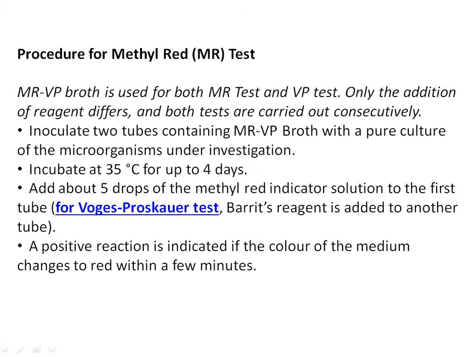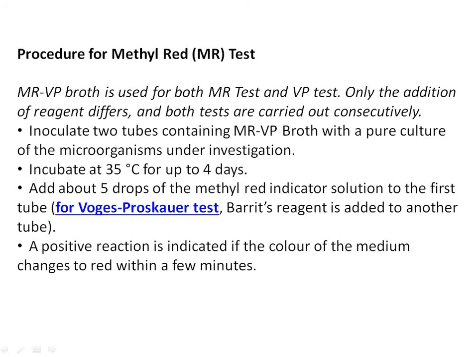The procedure of the methyl red test: the MRVP broth is used for both the methyl red test and the Voges-Proskauer test. Only the addition of reagent is different, and both tests are carried out consecutively. First, inoculate 2 tubes containing MRVP broth with a pure culture of the microorganism under investigation.